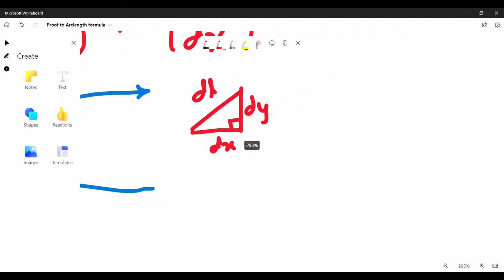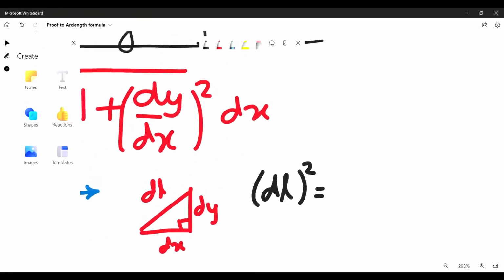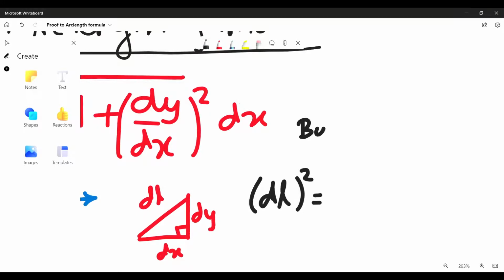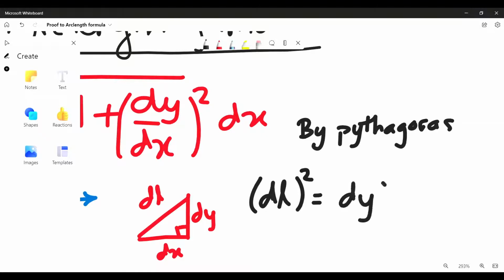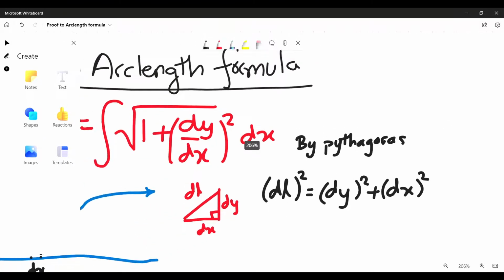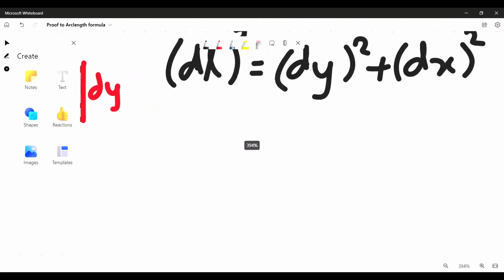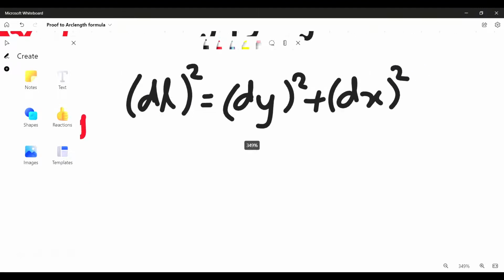And here we can just use simple Pythagoras: by Pythagoras, dl squared is equal to dy squared plus dx squared, and this is actually all we need. From here, we can find this formula quite easily, in fact.